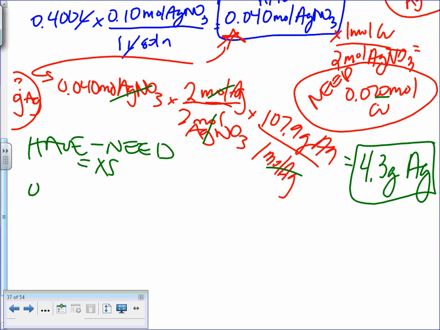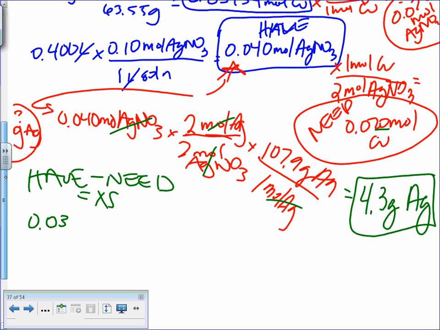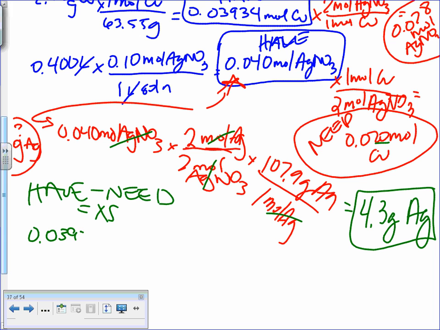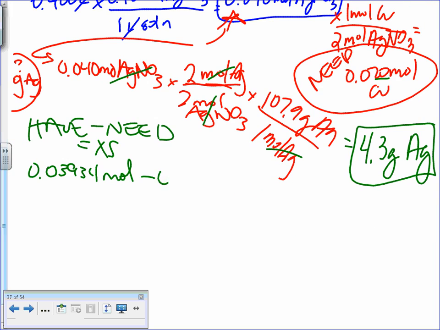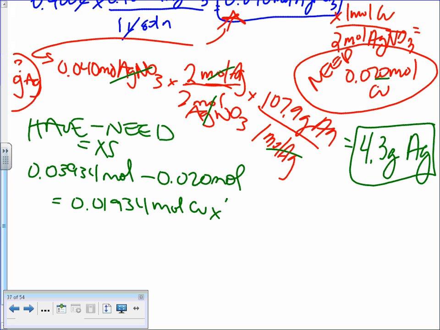So have was 0.03934 moles. Subtract the need, that was 0.020 moles. So that's 0.01934 moles of copper times molar mass, 63.55 grams per 1 mole.